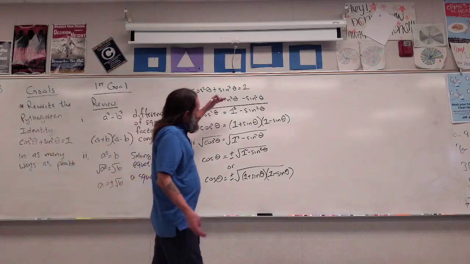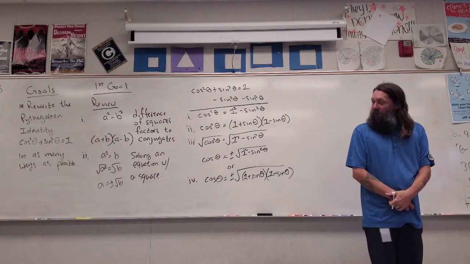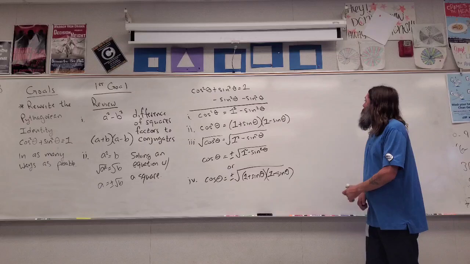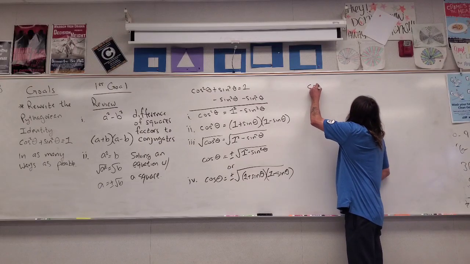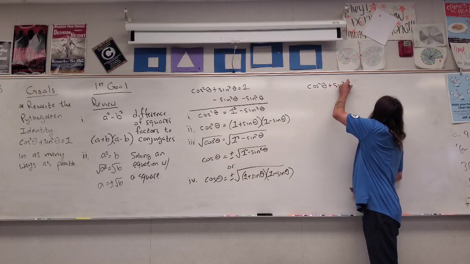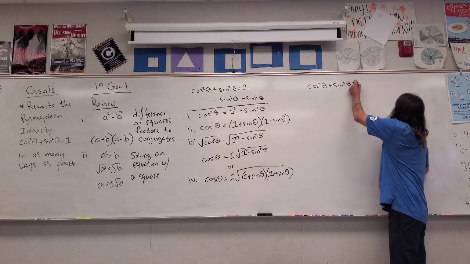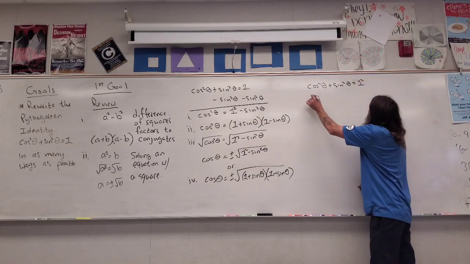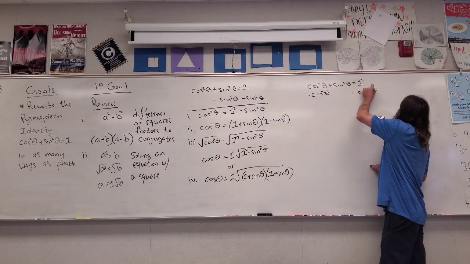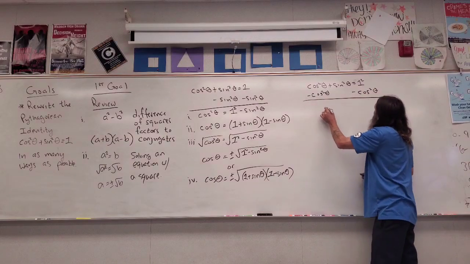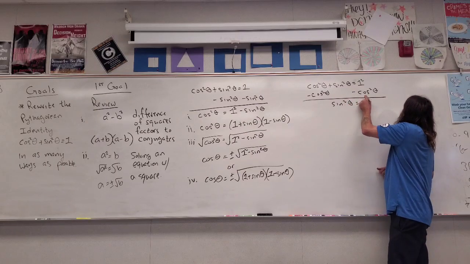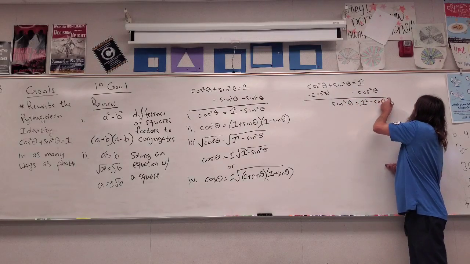Now, I got these four from moving sine squared to the other side. I can also create 4 more by moving cosine squared to the other side. So again, if I have cosine squared of theta plus sine squared of theta, and that's equal to 1, which we'll call 1 squared, I can now subtract cosine squared of theta from both sides, and I'm now left with sine squared of theta equals 1 squared minus cosine squared of theta.